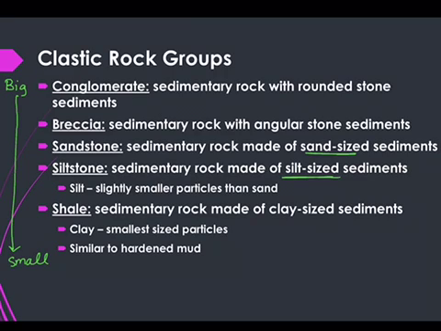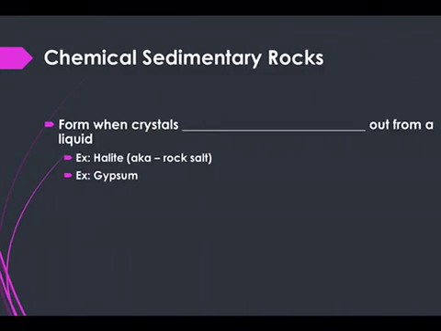Shale is sedimentary rock that is made up of clay-sized particles. And clay is our smallest size particle, and it's very similar to just hardened mud. So you definitely need to know the size order of the particles, so from big to small or small to big, and then each of these different rock groups.